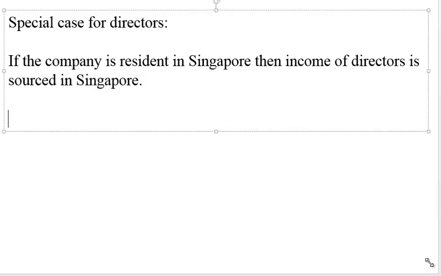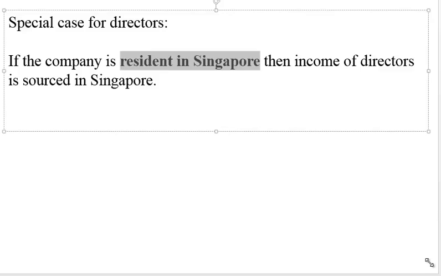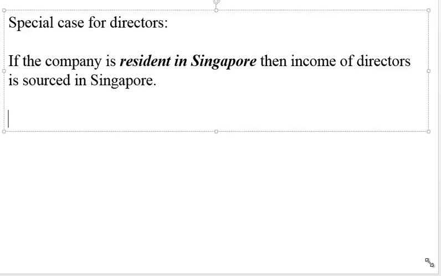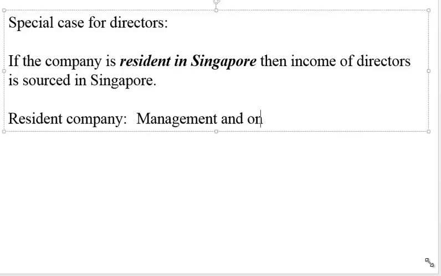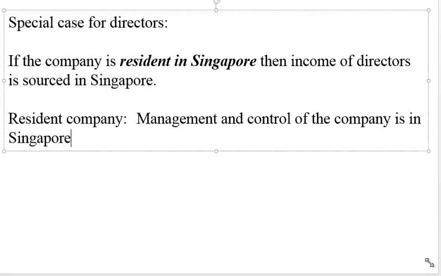That means it should be taxable. And what do we mean by the company is resident in Singapore? Last time we did the residence of individuals and companies. Resident company means management and control of the company is in Singapore.